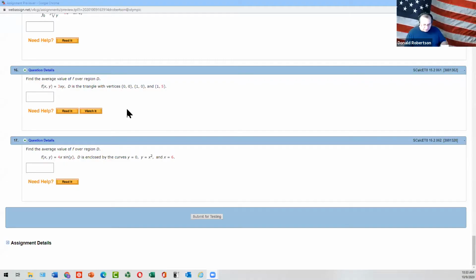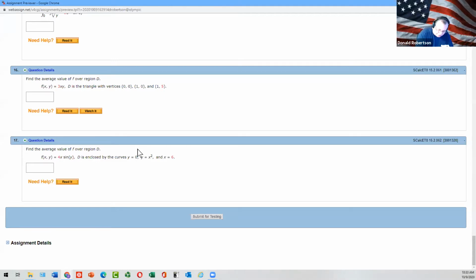Find the average value of the function 3xy, and the region D is described in the form of a triangle. And then the other one is find the average value of 4x sine y, and they describe region D in terms of this fella here, right? So I think I'll do 17.